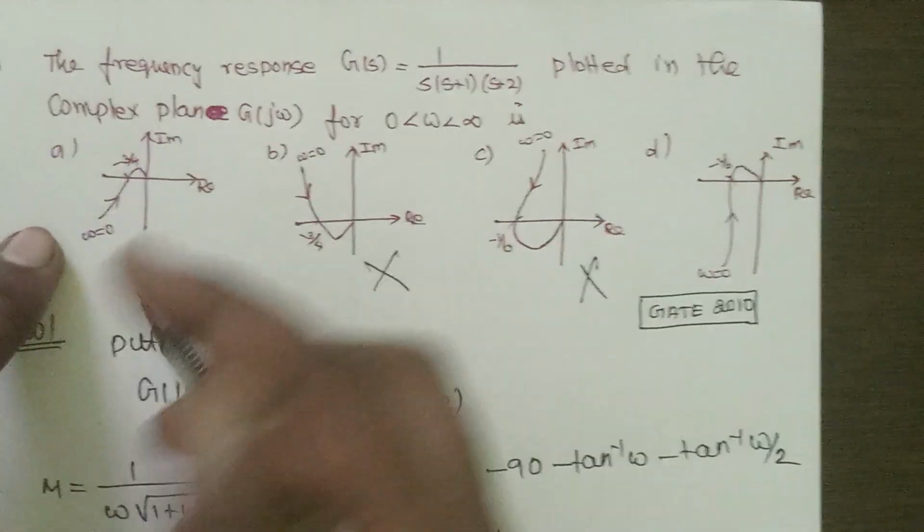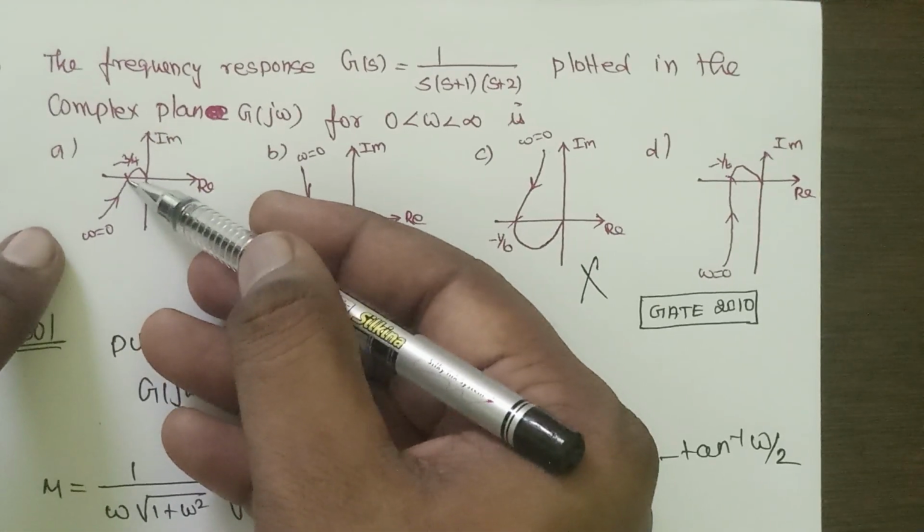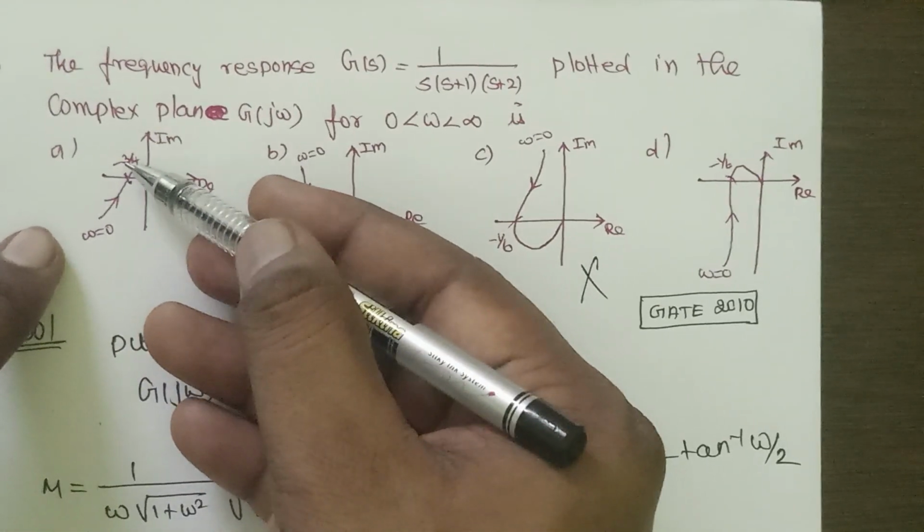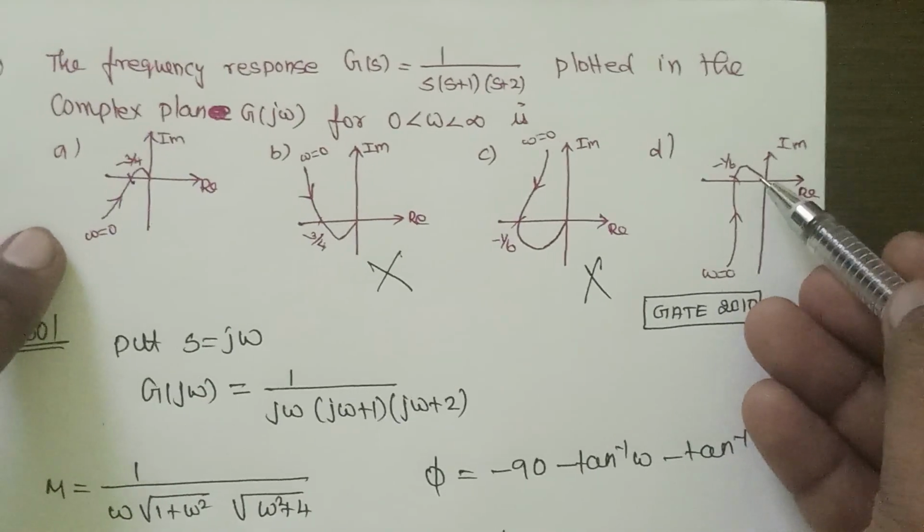For that we need to check the crossover point magnitude. It may be minus 3 by 4 or minus 1 by 6.